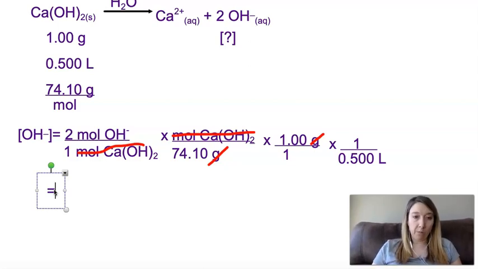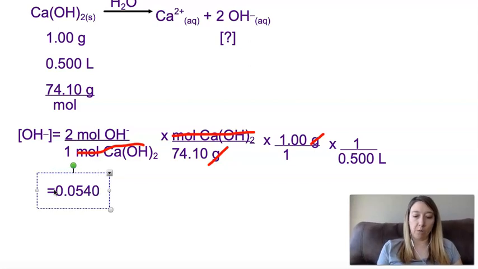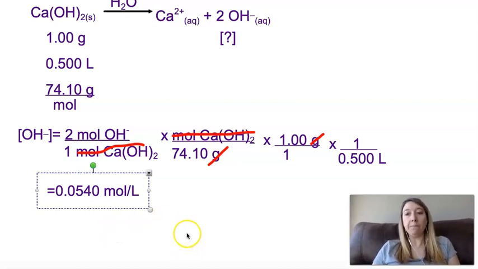In our calculator, we're going to do 2 divided by 74.1 times 1 divided by 0.5. That's going to give us 0.0540. We had to round that because of the significant digits.